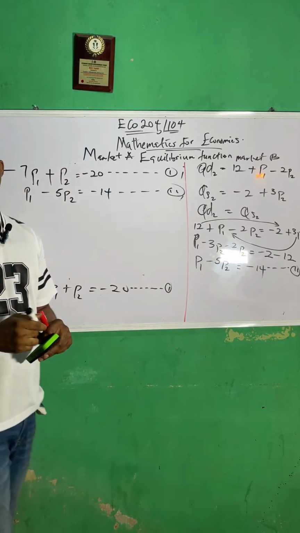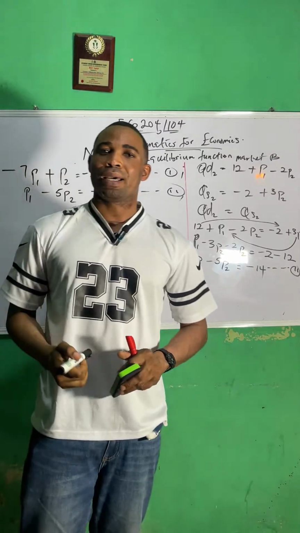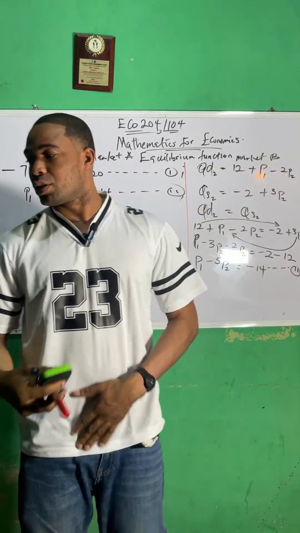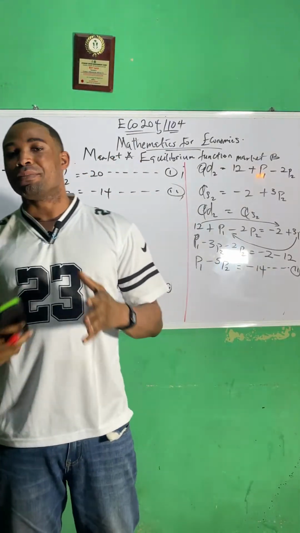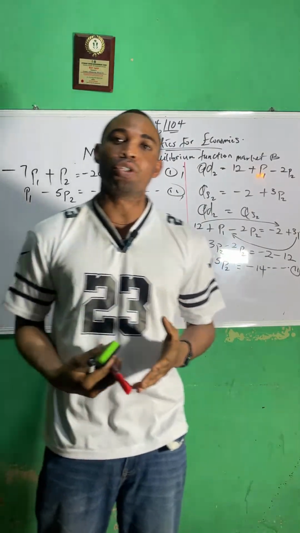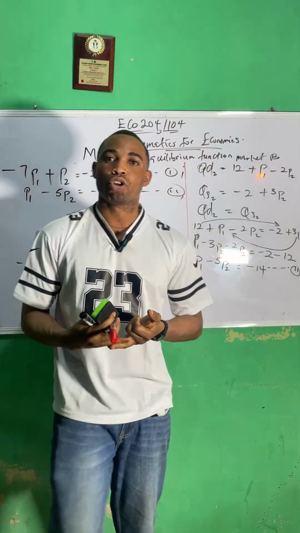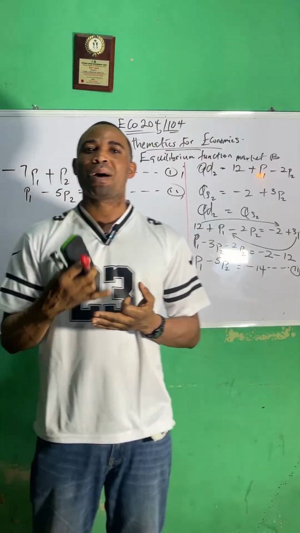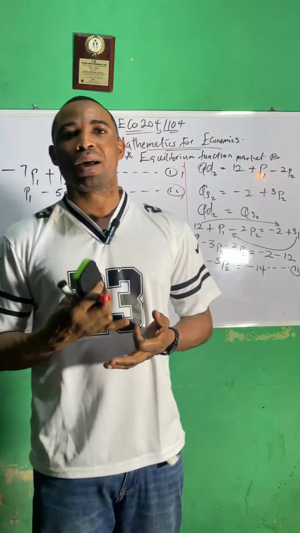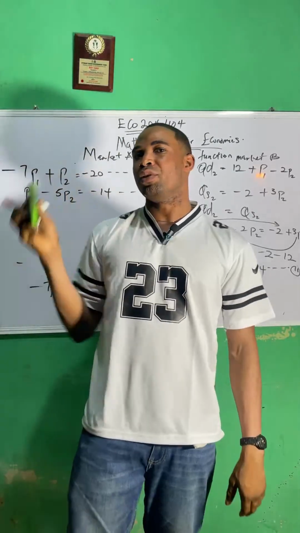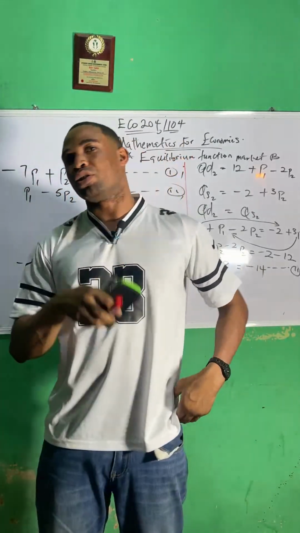As we know, these two market conditions lead to what we call simultaneous equation. But under simultaneous equation, we have different methods of solving it. We have the elimination method, we have the substitution method, then we have Cramer's rule. I'm going to use Cramer's rule for the sake of the next topic we are moving to, because Cramer's rule is an application of matrices.